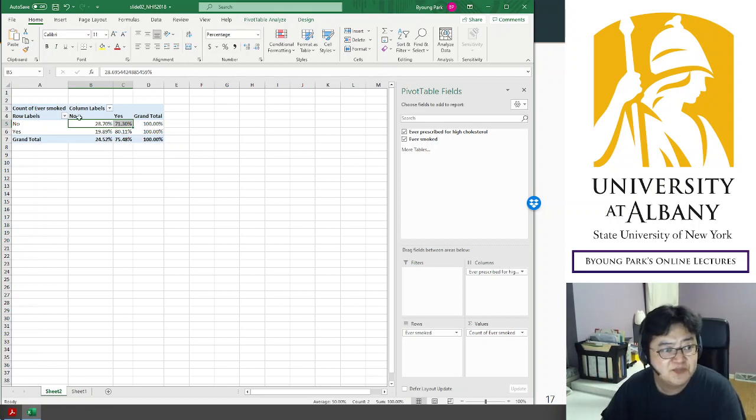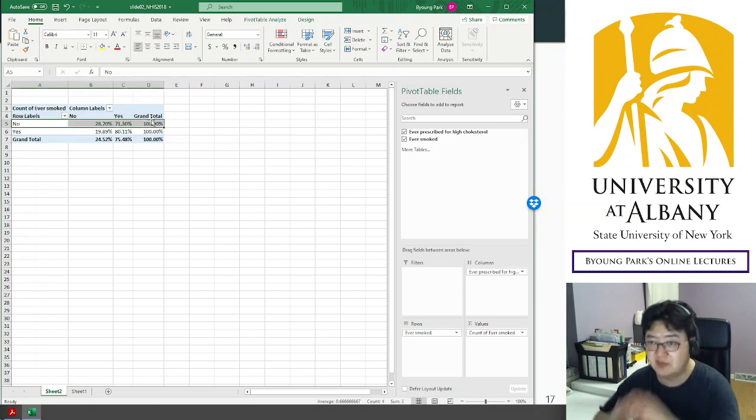That means, out of no smoking, since the row is smoking, 28% had no cholesterol, but 71% had cholesterol. This is one complete probability distribution because they make 100%.